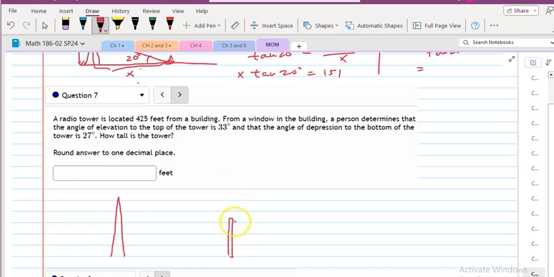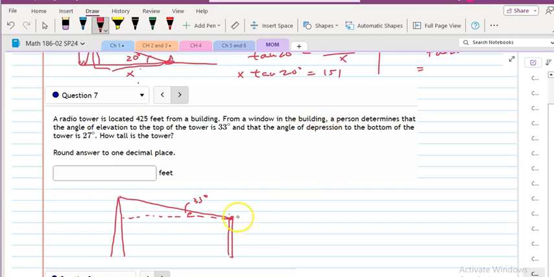A window in the building. So let's say this is the top. A person determines the angle of elevation to the top is 33 degrees. So look, angle of elevation, horizontal, right? This angle is 33.